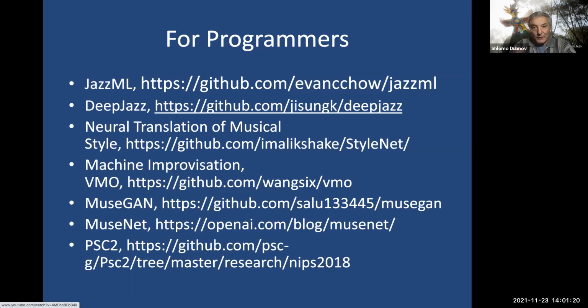But if there are people who want to look into it, there is so much going on in this field of AI music. Some of these links, and there are many more, require you to be able to run Python programs, and to either use pre-trained or train your own musical neural networks that generate music.